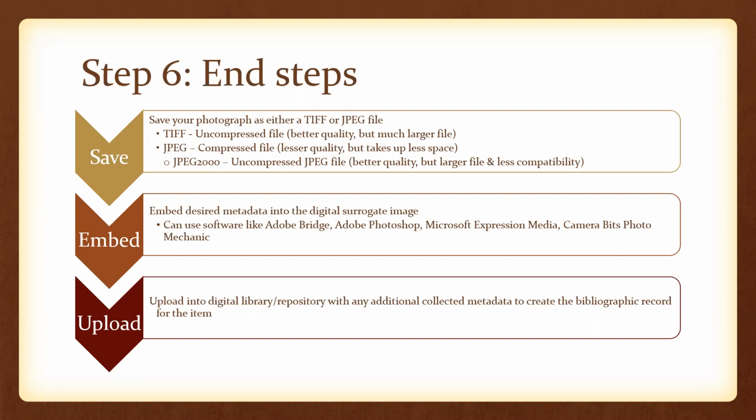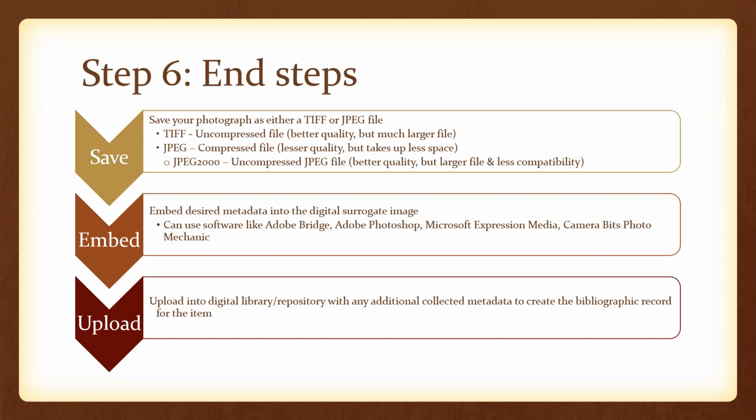And then we did just want to note that there is a type of file called JPEG 2000, which is an uncompressed JPEG file, which typically means it'll be better quality, but again, larger file size. The warning with JPEG 2000 files is that not all software programs are able to use them. So typically standard JPEG files are more popular.